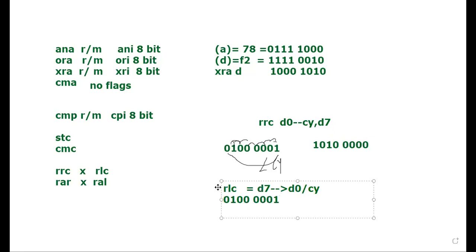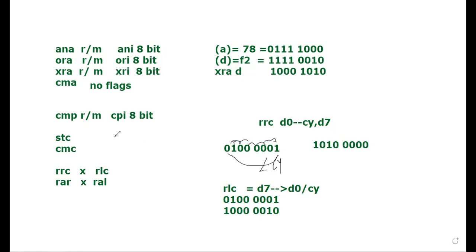Every bit is now shifted towards left. So this 0 will come out, and the number will be replaced by 1 0 0 0 0 0 1, and that 0 will come to the D0 bit. So 82 will be the answer. Only the carry flag is affected by RRC and RLC. It is an implicit addressing mode. RRC is used to divide the number by 2, RLC to multiply the number by 2.